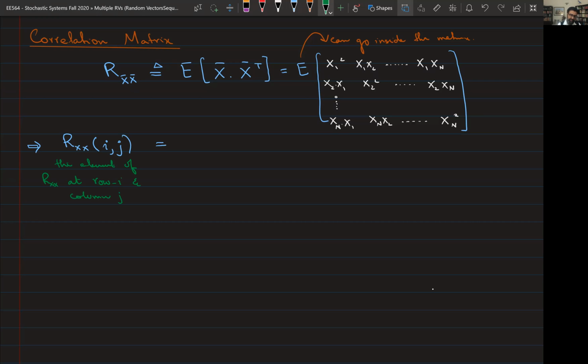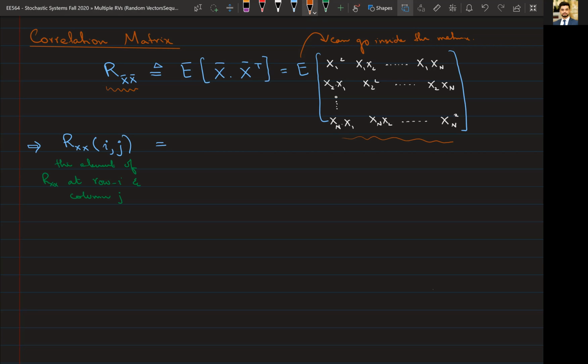So what do you think this is going to be equal to? I mean, when you do that matrix multiplication. So this is a matrix that I get, right? It has this form. What would be at the ith row and jth column, Mohsin?